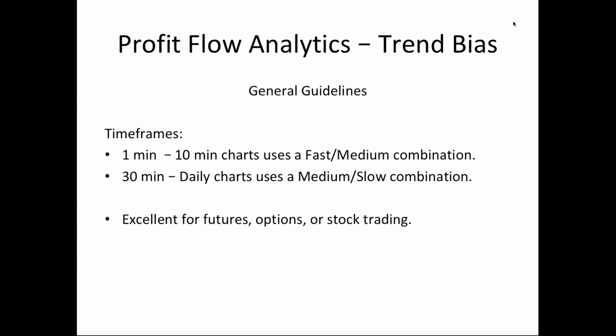But basically, if you're using a 1 minute, 3 minute, 5 minute, or 10-minute chart, anything in that range, we're going to use a combination of trend bias indicators with one of the indicators set at fast and one set at medium. So just kind of hold that thought in your head for right now, and I'm going to show you exactly what that looks like when we jump to the chart.